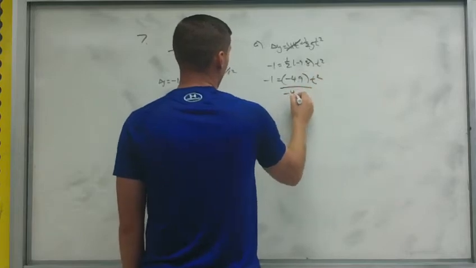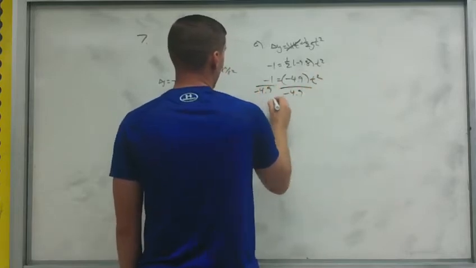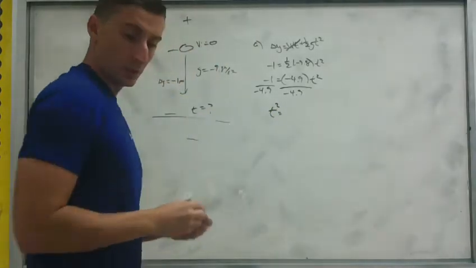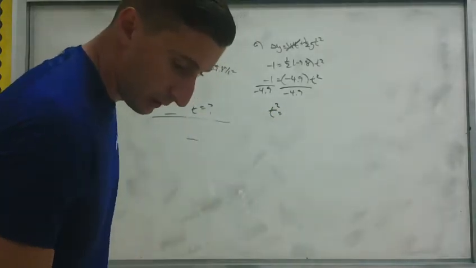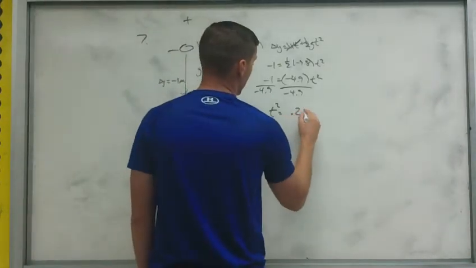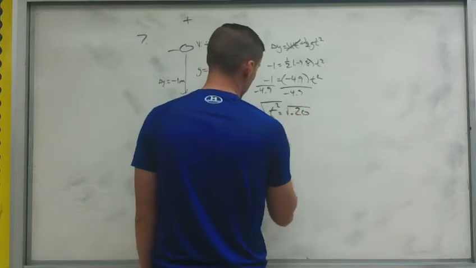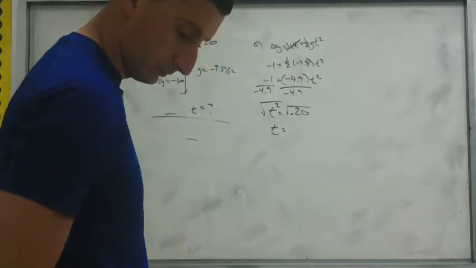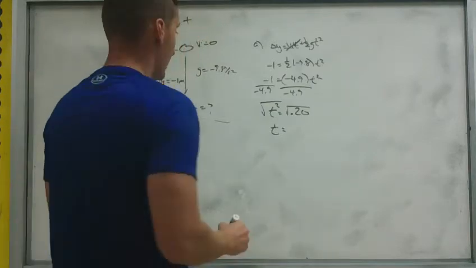I divide by negative 4.9. I get t squared is equal to 1 divided by 4.9. I get 0.20. Square root both sides. Time is equal to 0.45 seconds.